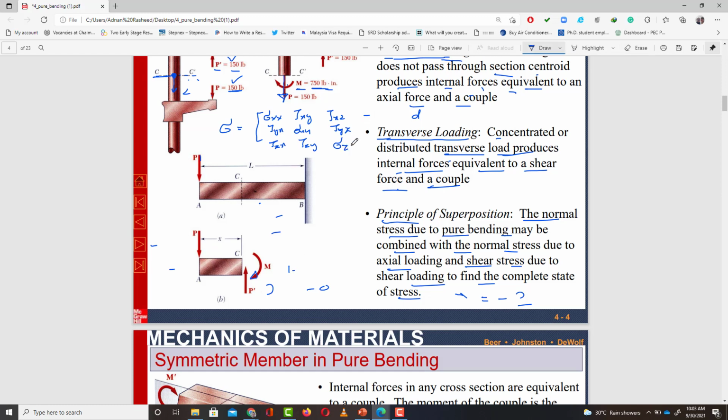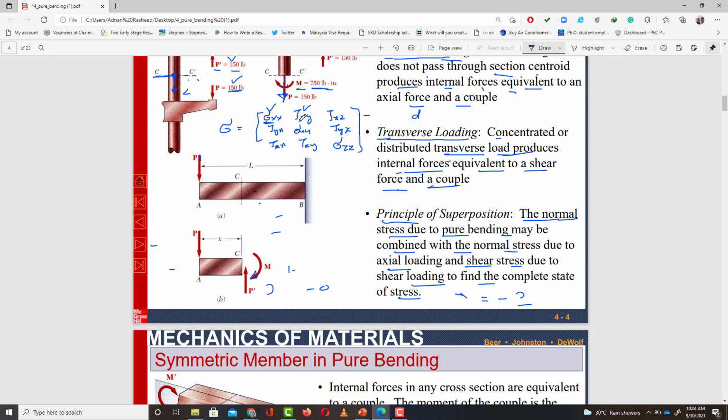Now, whenever you have a scenario in which stresses are produced and those stresses are normal stresses, you can combine them. You can combine the normal stresses, but you cannot add normal stresses with shear stresses. So the normal stresses due to pure bending may be combined with normal stresses only.